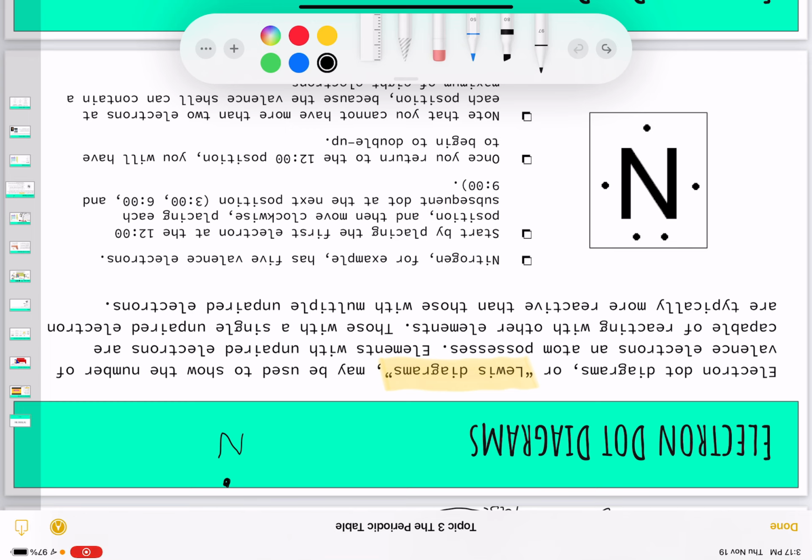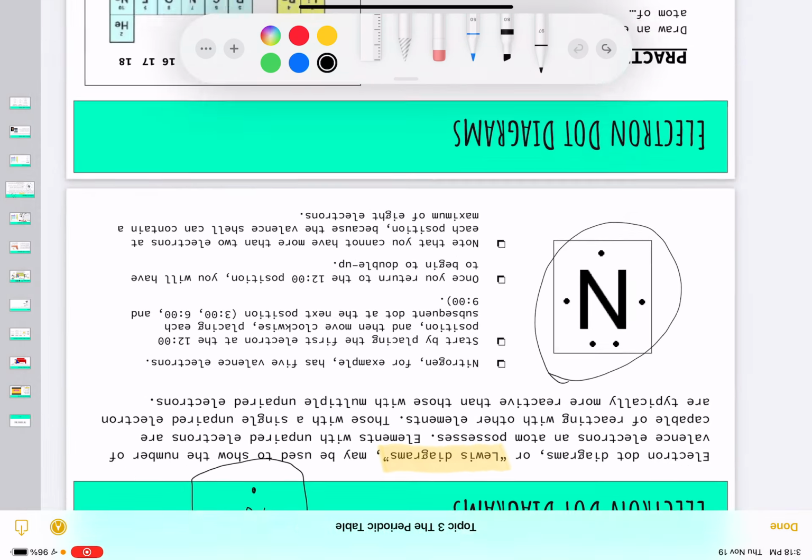We have 5 to put in. We go 1, 2, 3, 4. Once we've done all 4, we start to pair. So we put another one beside the one at the 12 o'clock position. That's what they're trying to represent here. Their dots are not really close together, which makes it look a little more confusing, but this is what they mean.